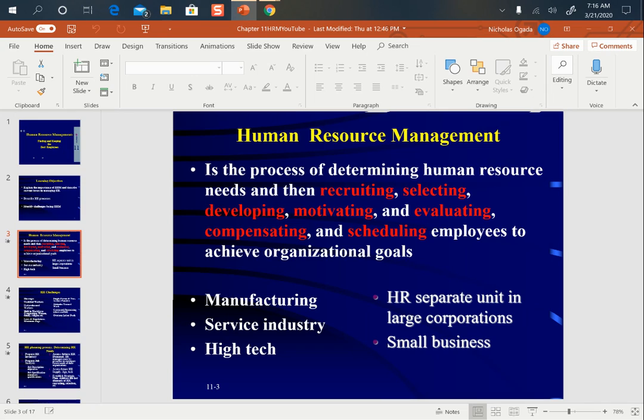And when you study human resource management as a discipline on its own, you cover those issues as single chapters. For example, you'll cover a chapter on recruitment, a chapter on selection, a chapter on development of employees, a chapter on motivation, and a chapter on evaluation, which is basically the assessment or performance appraisal.